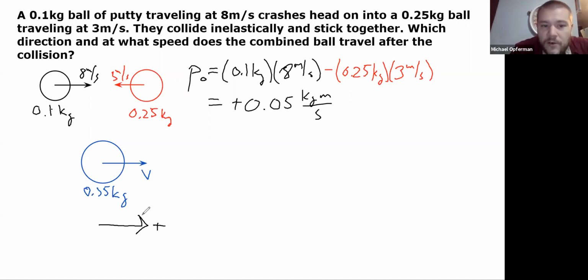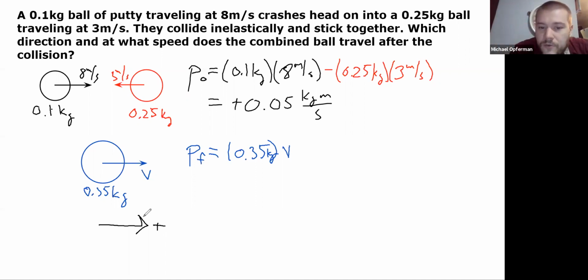So now we switch to the final picture. For the final picture, this one's going to have a variable in it, but that's totally fine. It's just going to be 0.35 kg times positive V, because V is pointed to the right. And the fact that I made this positive is where my assumption that V is going to the right is going to come into play.